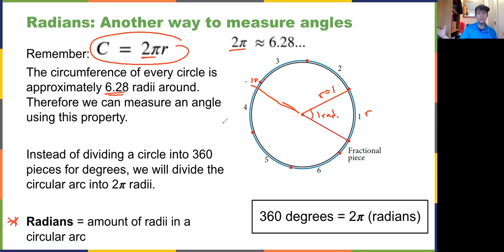We don't have to worry about bigger or smaller radiuses and how that messes things up. Radius of 1 is nice and simple. So here is our nice relationship between degrees and radians: 360 degrees, the full rotation, is equivalent to 2 pi radians. We're going to use that to help us convert between these two things.